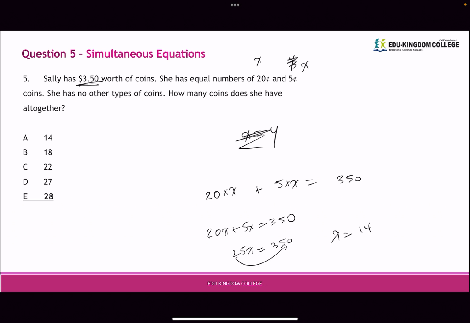So 25 goes into 100 4 times. 25 goes into 300 12 times, which means it goes into 350 14 times. So how many coins does she have altogether? So she has X equals 14. So she has 14 20-cent coins, but also 14 5-cent coins. So she has 14 plus 14, which is 28.